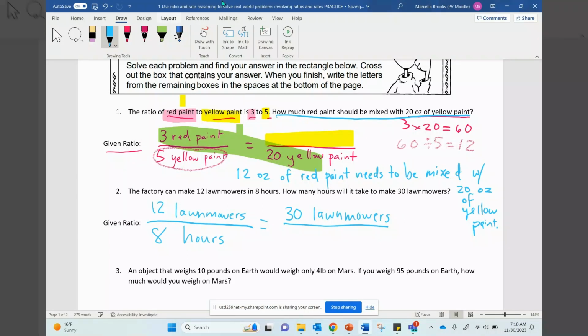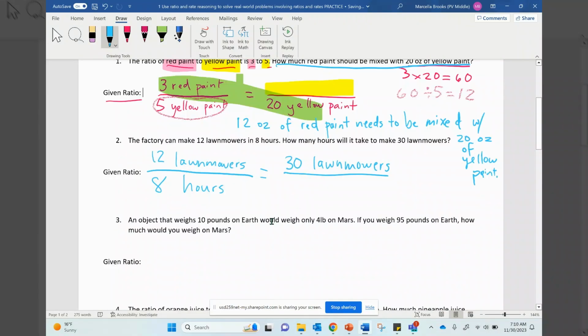And then you're going to cross multiply and divide to find out how many hours will it take to make 30 lawnmowers. So I'll give you the sentence stem. It will take blank hours to make 30 lawnmowers.